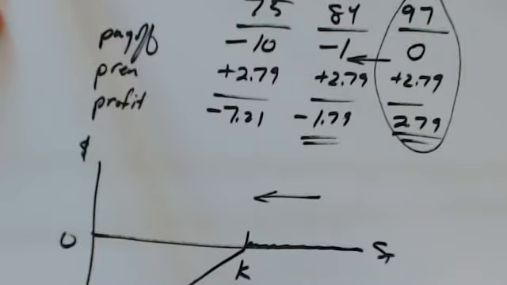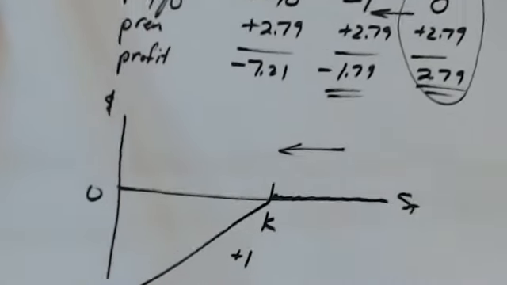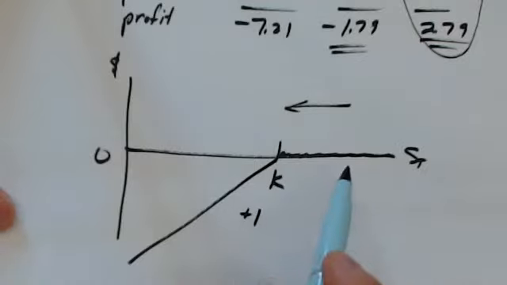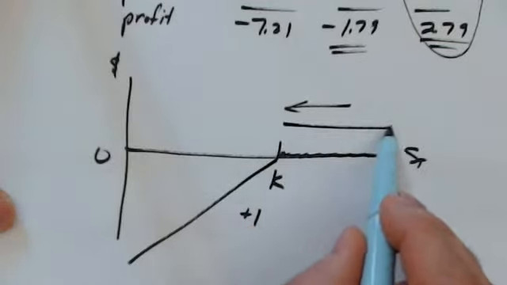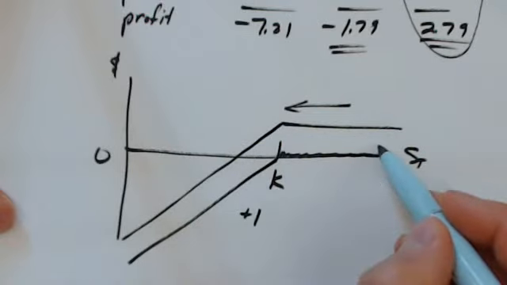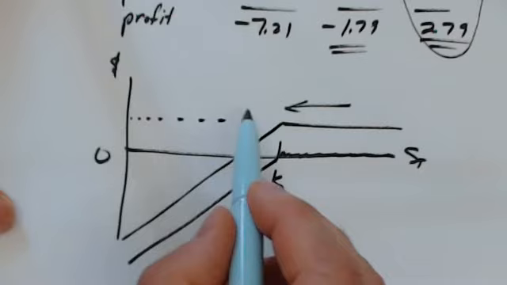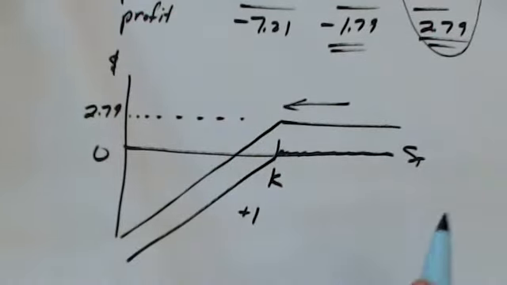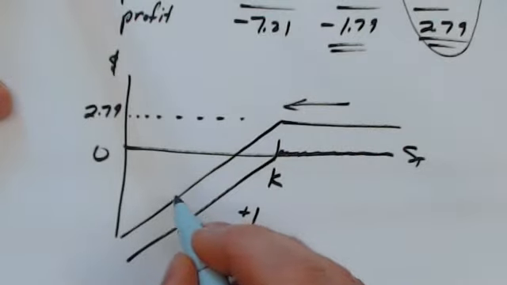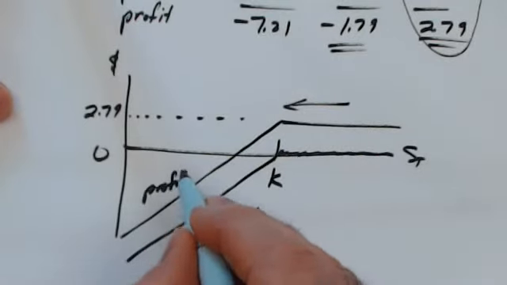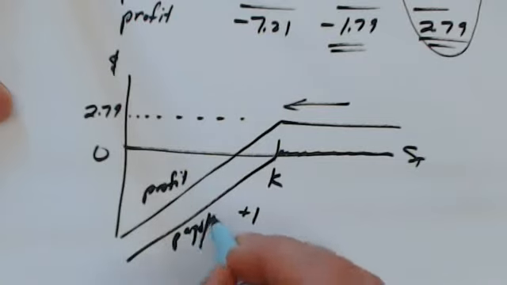That has a slope of positive 1. Slope of positive 1 for the payoff. The premium is 2.79. It's constant, so you're going to have a constant distance of 2.79 here. And this is your profit. Again, a slope of 1. So this is your profit here. This is your payoff on that line.